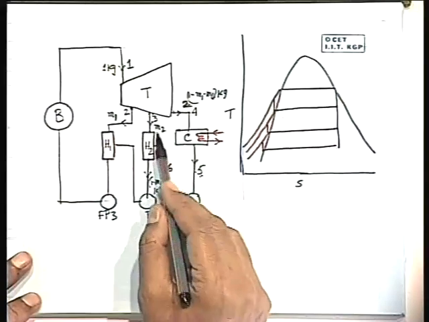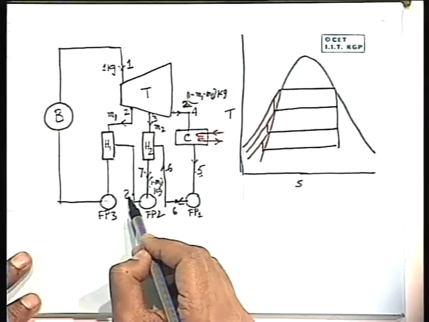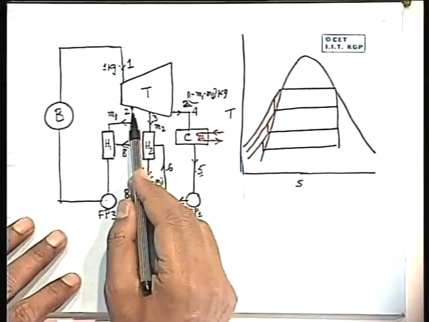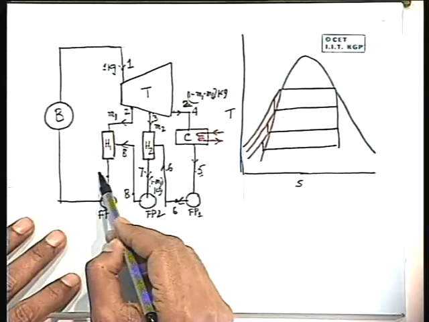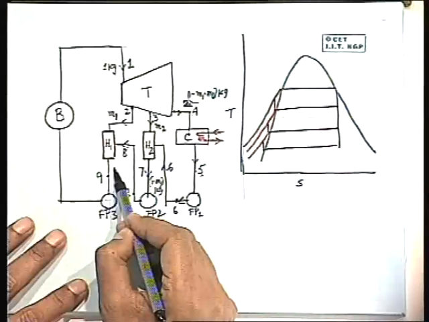That means this point is 7. After pumping, this point is 8. This is pumped to this pressure, then this becomes 9, and this is mixed with M1. So ultimately this becomes 1 kg, which is then pumped to 10.